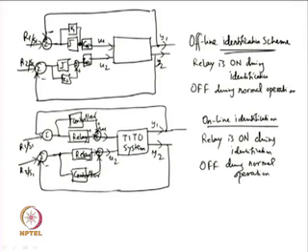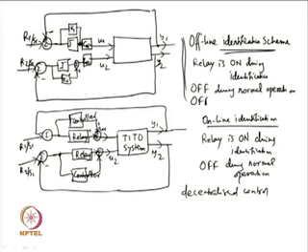Now, when the relay is off during normal operation, the TITO system will be subjected to decentralized control, whereas in the earlier case, when the relay is on, the controllers are to be switched off. So, basically not only the relay, the controllers are also to be switched off.